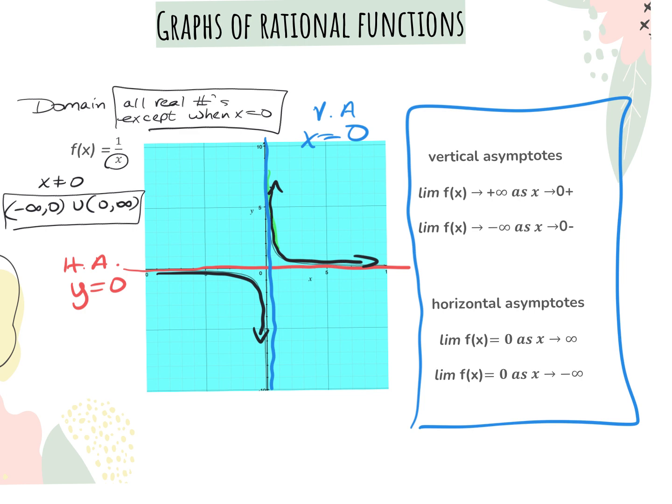But what this is reading, if you read the first one, the vertical asymptote, it's telling us that this function f of x is increasing without bound as x approaches 0 from the right. And then here, this is saying that f of x decreases without bound as x approaches 0 from the left. And again, this is just tying it into calculus.